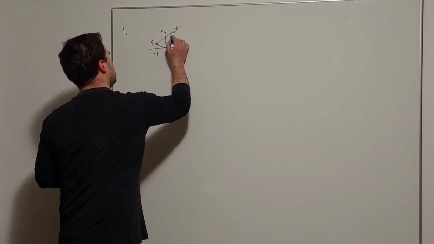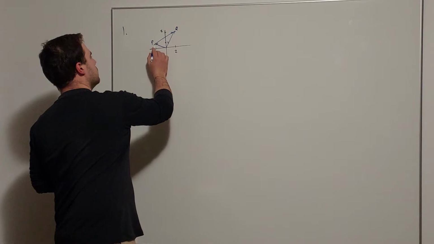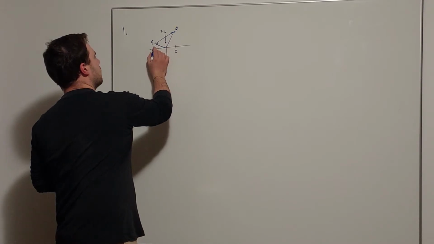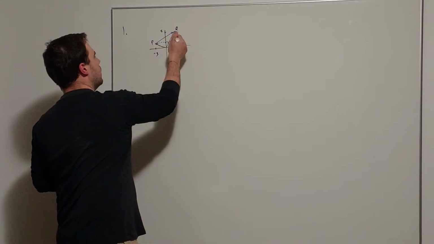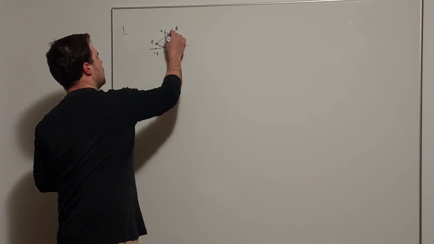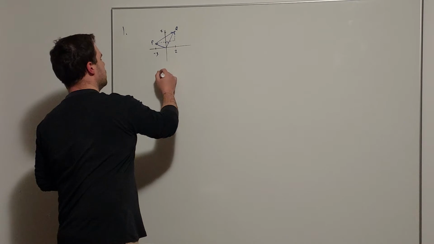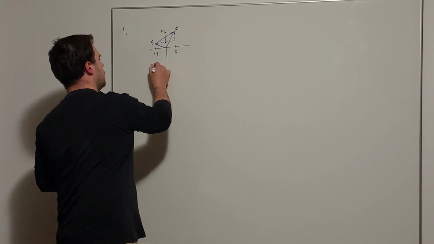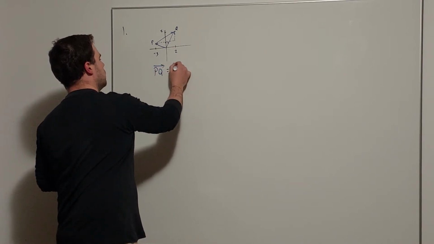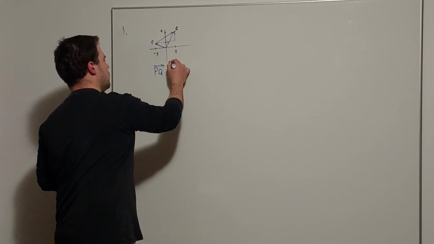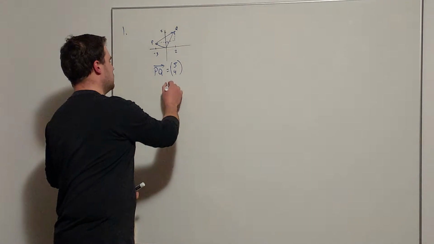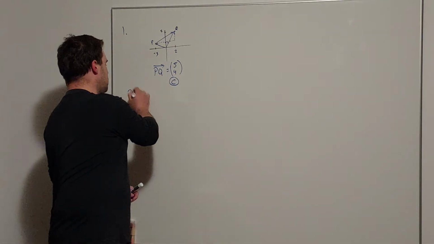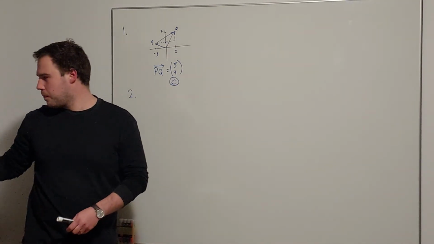What is this vector here? Along the x, how far are we going to have to go? We're going to move 5 there and 4 up, so it is going to be 5, 4, which was option C in the multiple choice.